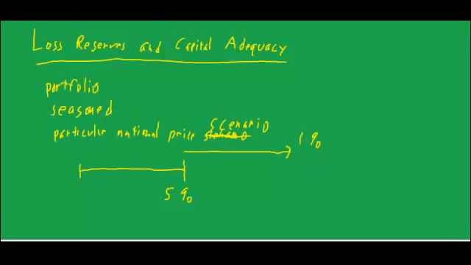And in fact, even for the seasoned loans, if we have a bunch of seasoned loans where the average is up 5%, we still want to put variation around that because some of those homes will have gone up by more, some will have gone up by less, and some will even have declined a bit.